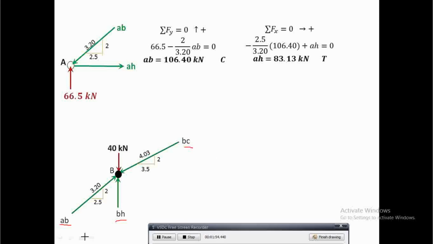So, since naka-attach siya, yung mga directions nila, na-zoom ko ulit. Pero na-solve ko na kanina si AB. Ang AB ko is compression, so towards the joint. Tama ngayon yung direction ko kay AB.